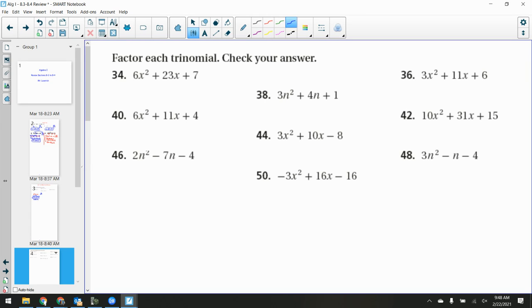And number 50, the one with the negative. Negative 1, x minus 4, 3x minus 4.